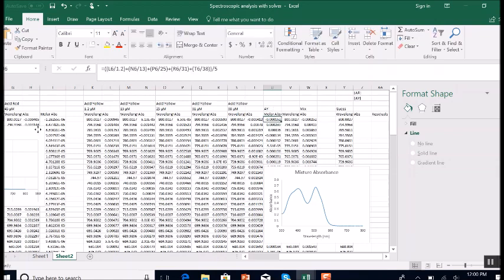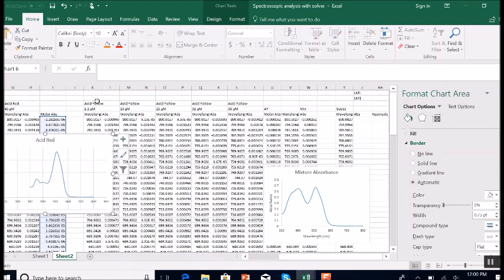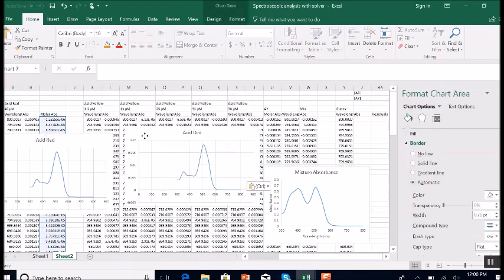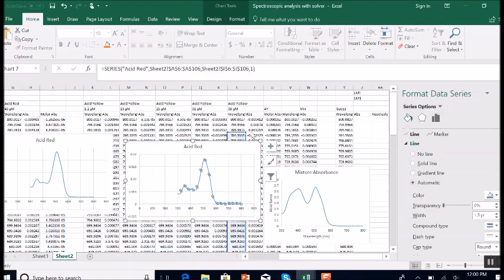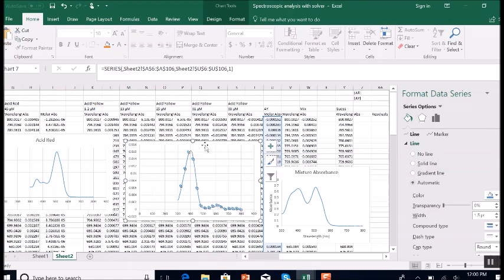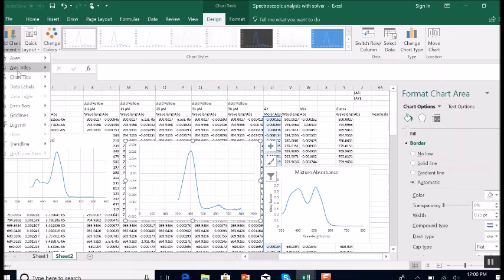Okay, let's make a graph just like that one, but for acid yellow. So I'll copy and paste this one. I don't want the acid red data, I want the acid yellow data. So we'll drag it over. Let's add a chart title just to make sure that we know which one is which.